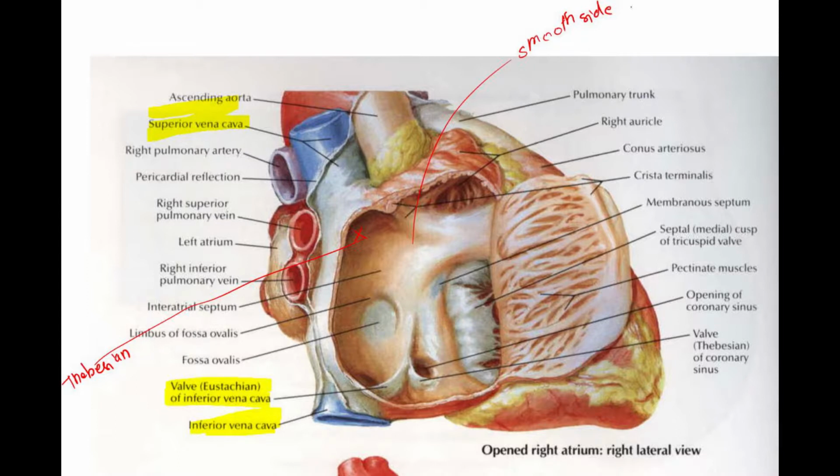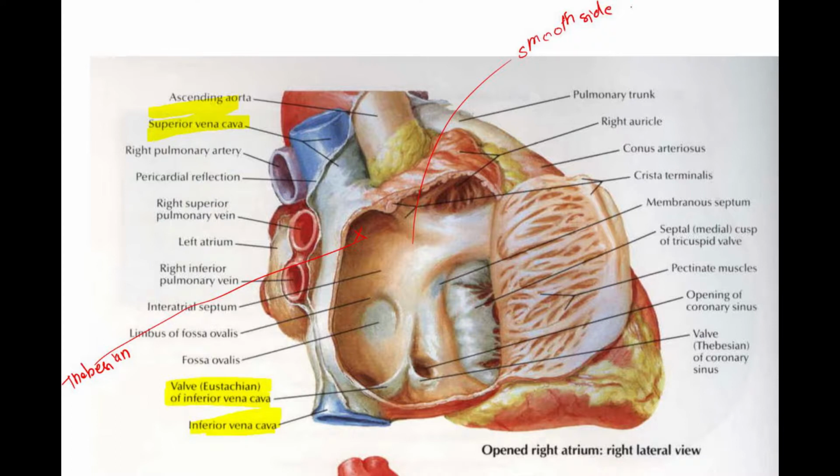Then we have the inferior vena cava, which is quite larger than the superior counterpart. It drains blood from all structures below, including the diaphragm. It's important to know the orifice of this. The orifice of the inferior vena cava is guarded by a flap-like structure known as the eustachian valve.